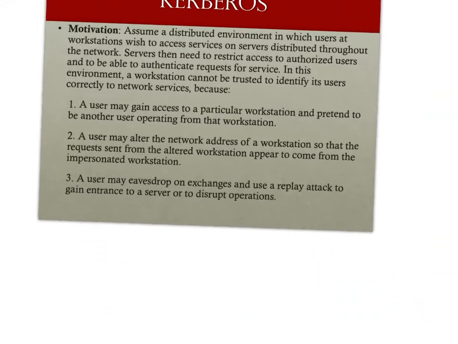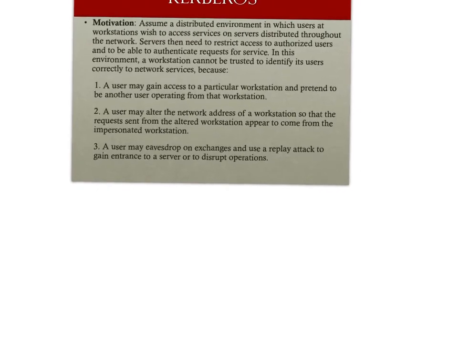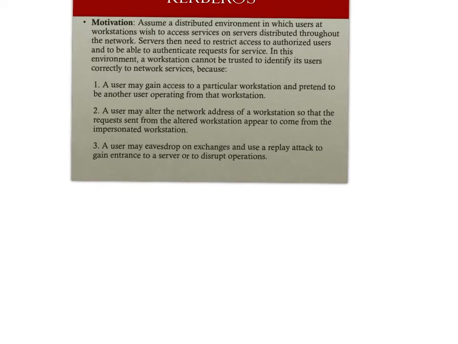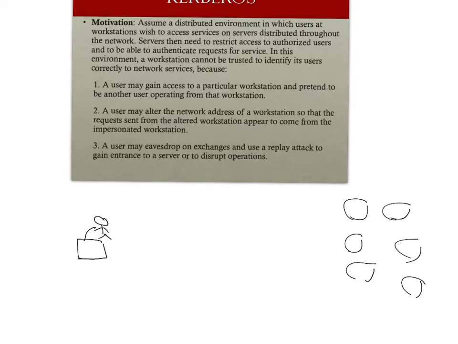So the assumption here is that we are covering 3 possible scenarios. One is that a user may gain access to a particular workstation. So you have a workstation, and you are a legitimate user with legitimate credentials. So you can use that workstation to access a set of servers.